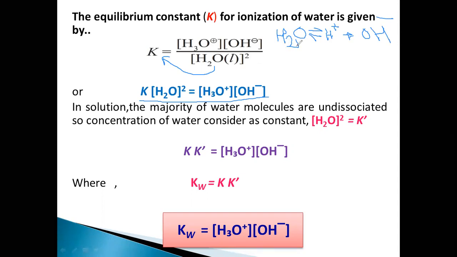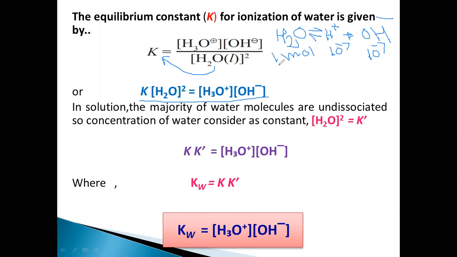So look, if 1 mole of water molecule is here, then it forms H plus and OH minus ion, and experimentally it is proved that the concentration of H plus ion is 10 to the power minus 7, and the concentration of OH minus ion is also 10 to the power minus 7.